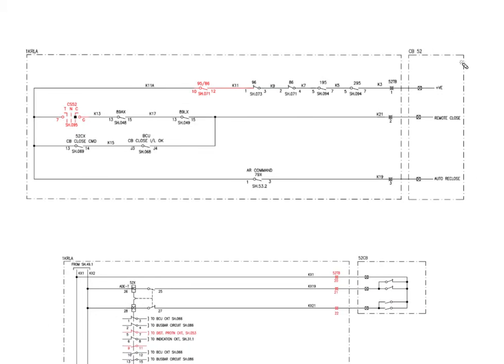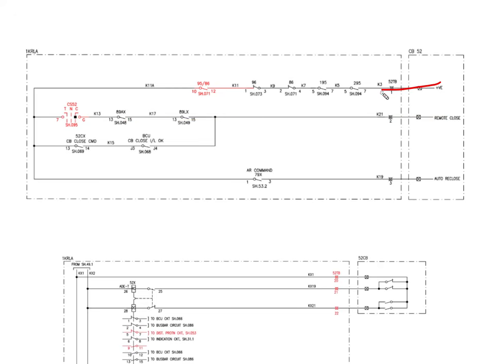Okay, so there's one closing positive, that's the closing positive that is coming from the first the positive goes to the circuit breaker, and then it goes to the local remote switch, and from there, when the local remote switch is on remote, the positive is then extended into the relay panel, and then through the TNC switch it goes to the breaker closing circuit.